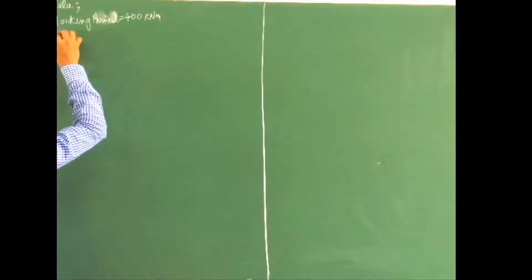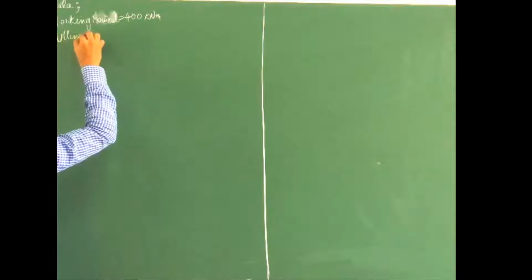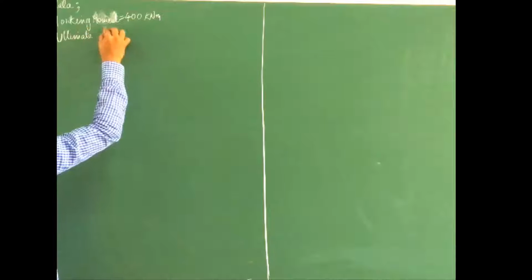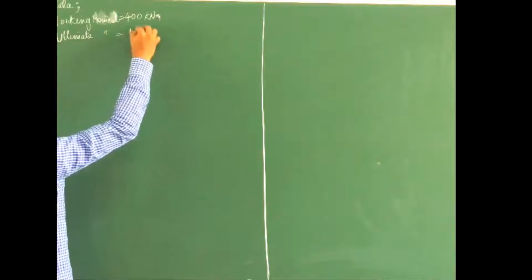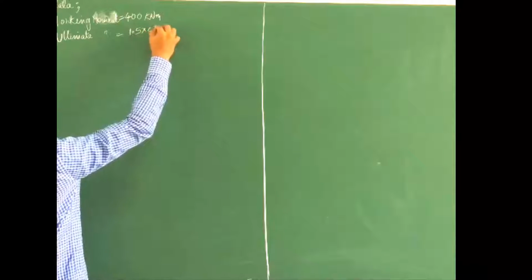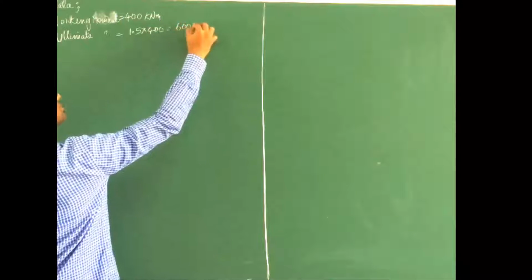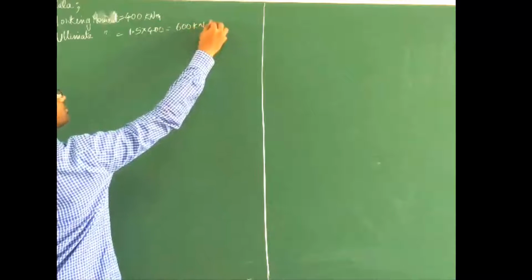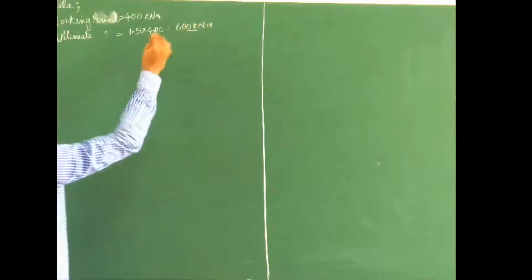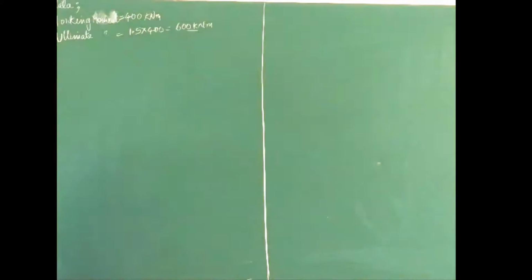So the ultimate moment is given by the partial safety factor multiplied by 400, which gives you a value of 600 kilonewton meter. This is the total moment for which the beam has to be designed.